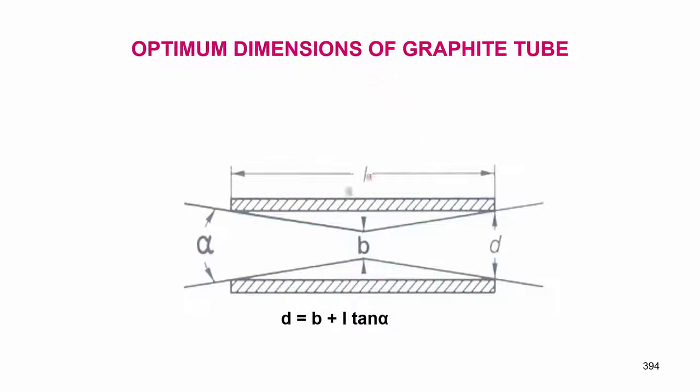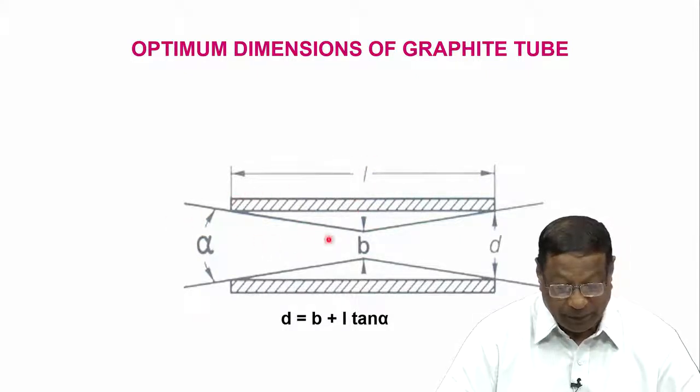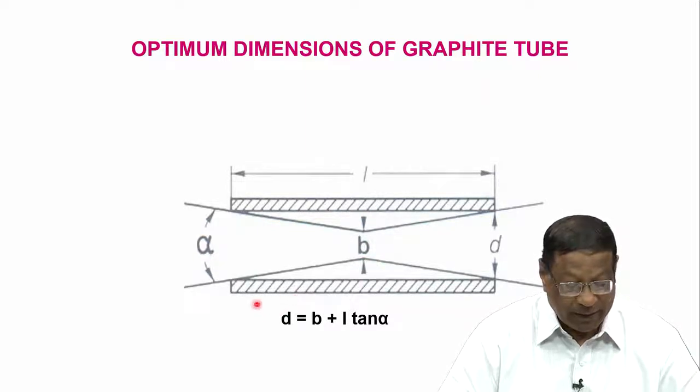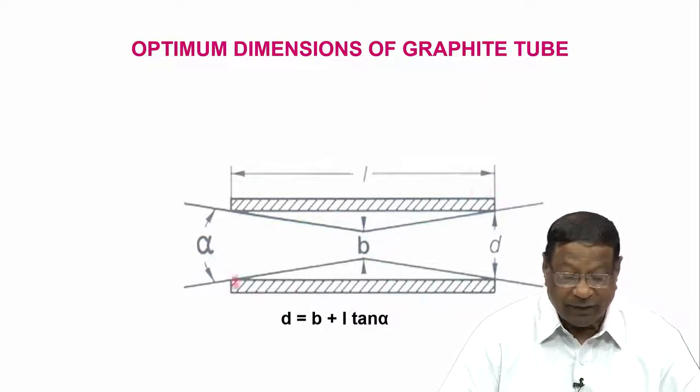And the optimum dimensions of the tube: this is the dimension of the tube. L is the length of the tube, and the sample is introduced somewhere here. This is the graphite tube.